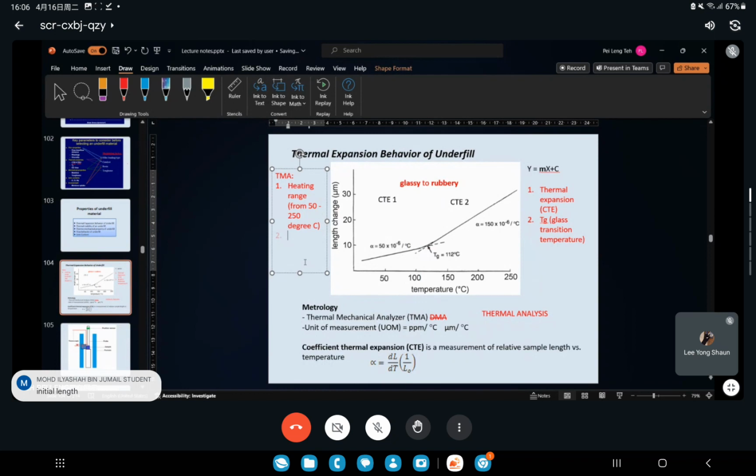Thickness, your sample thickness, or the length. Thickness or the length also can.